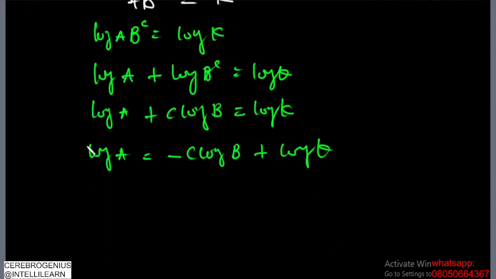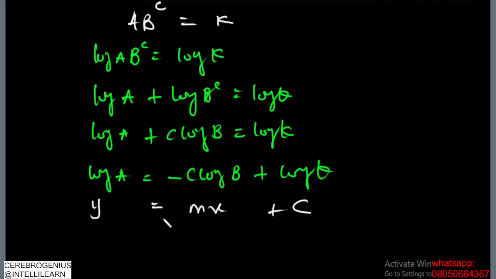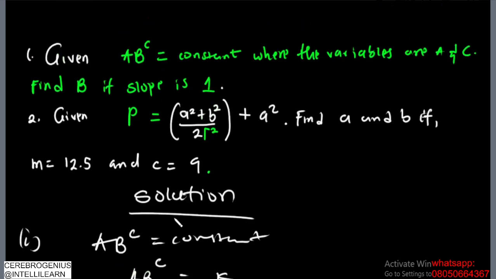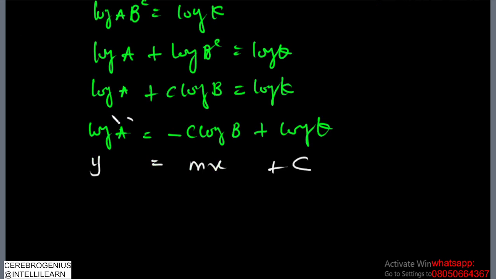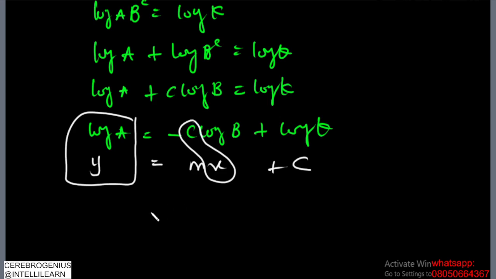So compare these two: y equal to mx plus c. Now don't forget that the variables are a and c, so automatically you are plotting a graph of log a as your y against c, which will be your x. Then your slope will be log b and your intercept will be log k.